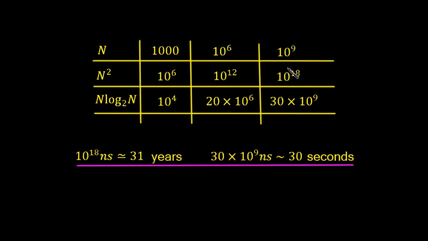Then 10 to the 18 nanoseconds is approximately 31 years, and 30 times 10 to the 9 nanoseconds is approximately 30 seconds. So by using the Fast Fourier Transform, we've taken something that would take 31 years and it would now take only 30 seconds. You can see the amount of savings we have by using the Fast Fourier Transform.